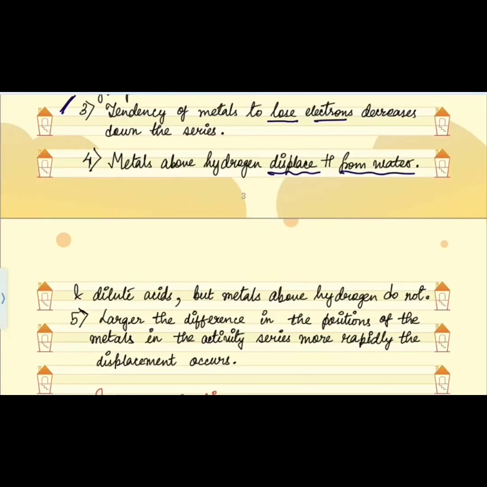See, if I take two metals, for example, magnesium plus water, and above that, calcium, potassium, or let's take potassium plus water and iron plus water.